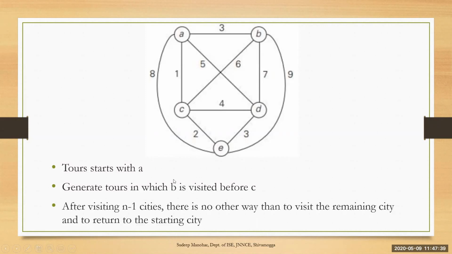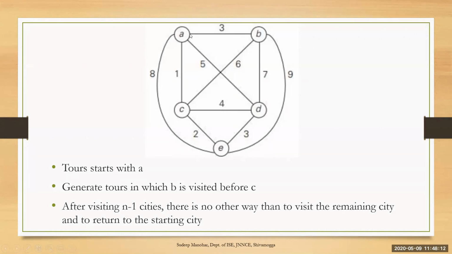What is assumed here is to generate tours in which B is visited before C. So we have to consider only those tours in which B comes before C. This consideration is made so that the state space tree will be of lesser size, so that you understand more clearly with a small state space tree.